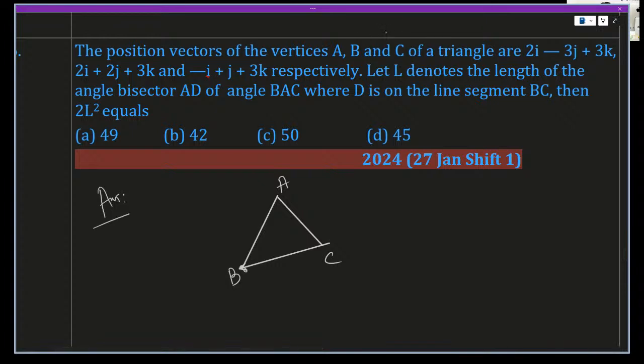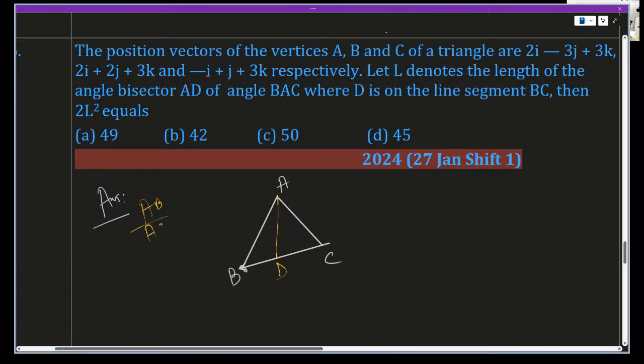So angle bisector means in our mind there must play a famous theorem here that AB by AC equals BD by DC. Okay? This we will never forget. What is AB here? Just check.